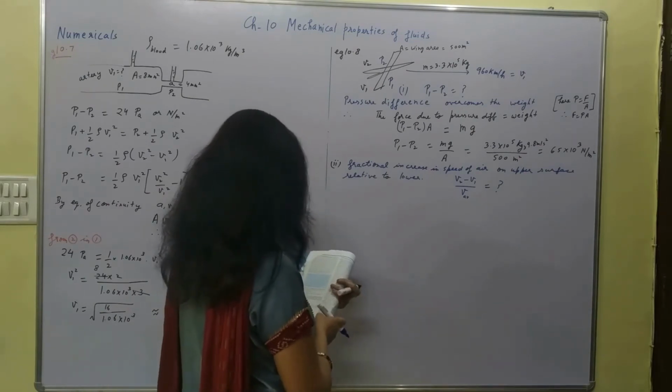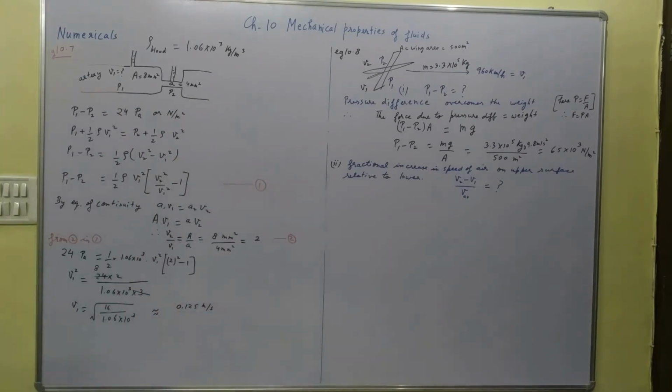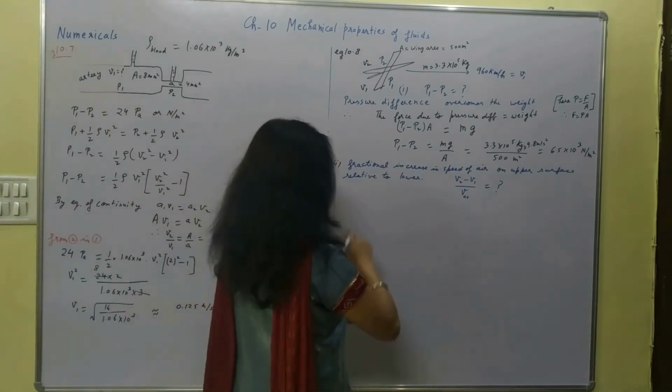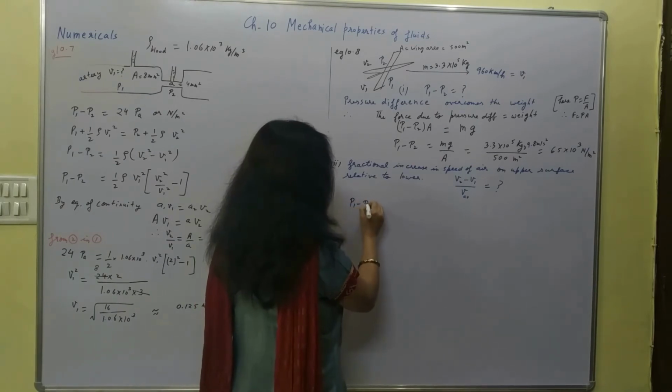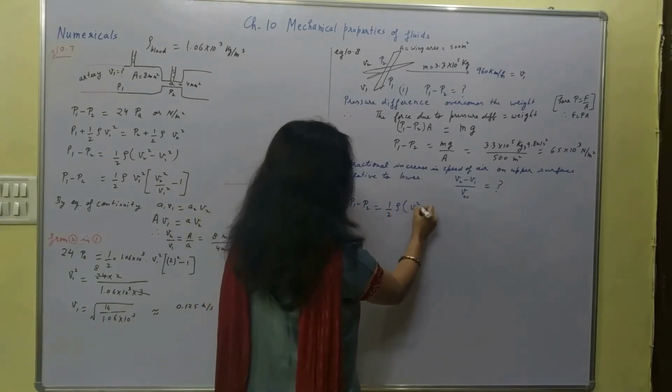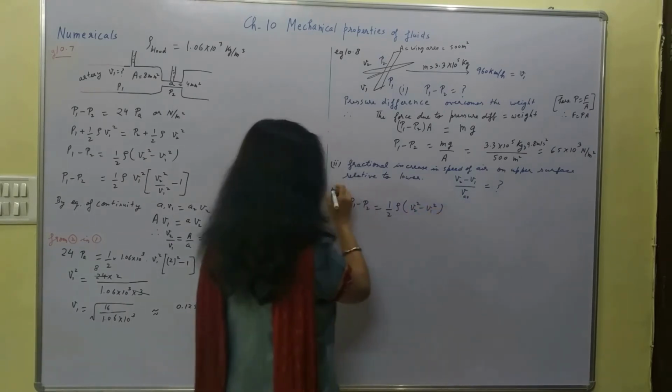Now what happens here is, from Bernoulli's theorem, P1 minus P2 is equal to half rho (V2 square minus V1 square). This is by Bernoulli's theorem.